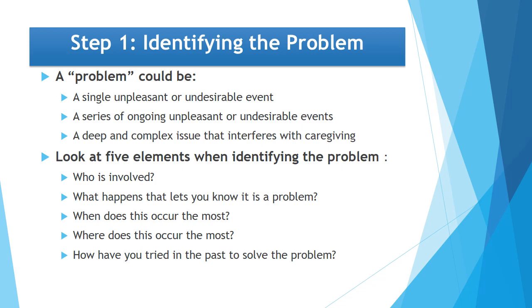And the last, how have you tried in the past to solve the problem? We need to discuss how we reacted in the previous situation to the same problem. So basically, we need to understand the particular problem with these WH questions.